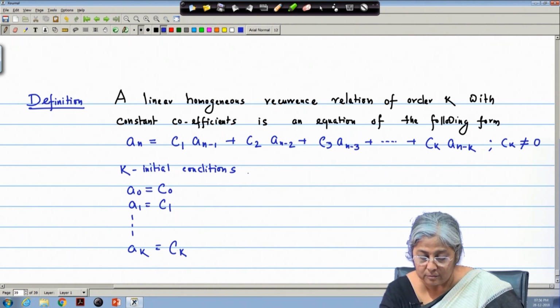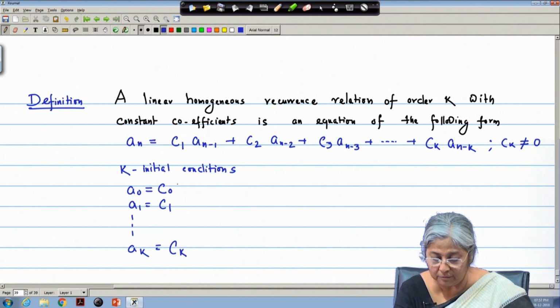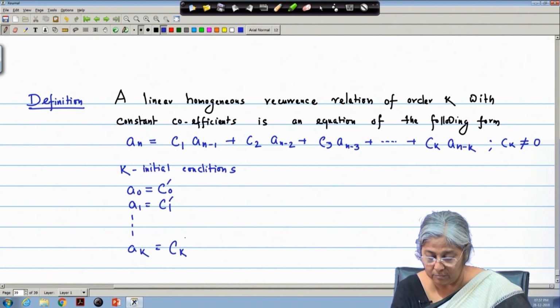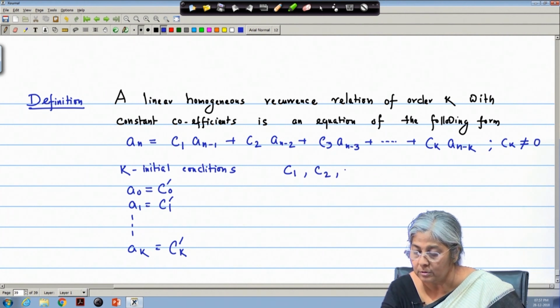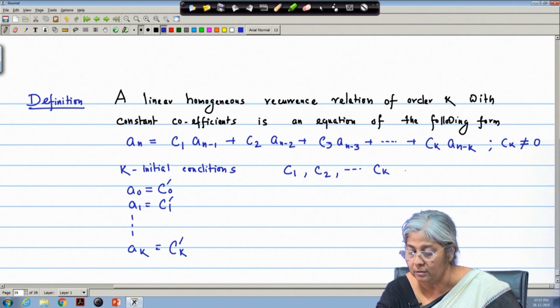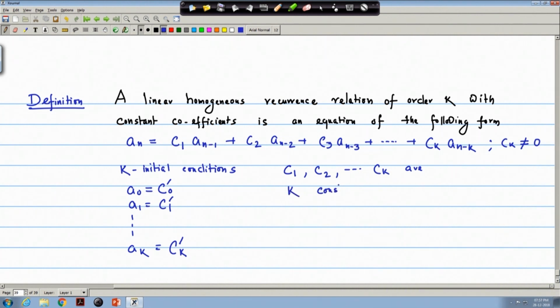So, these are my k initial conditions, and these c1, c2, ck are constant, k number of constant coefficients.